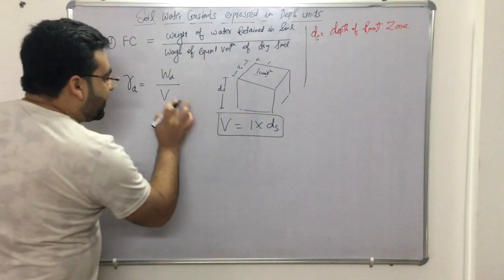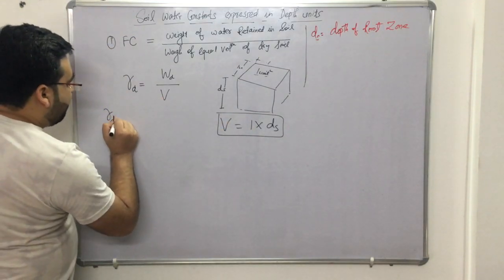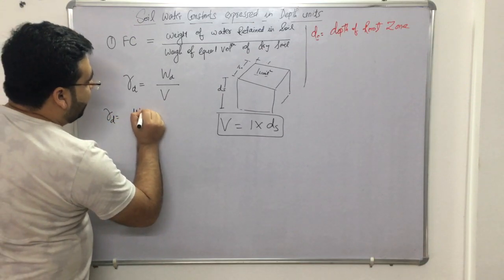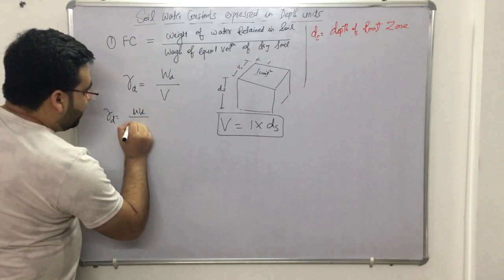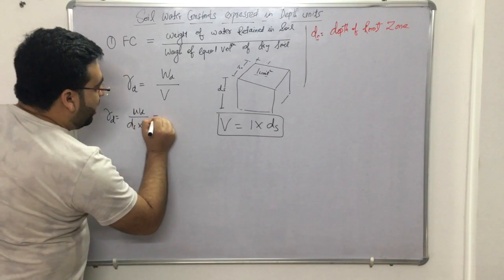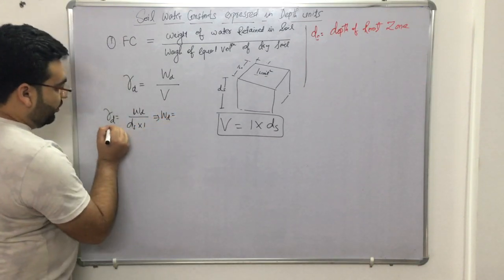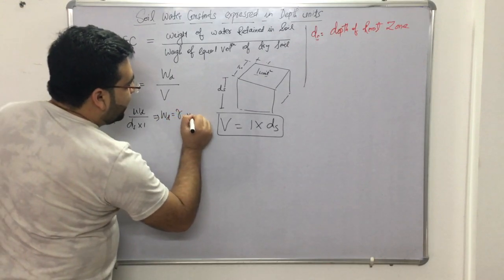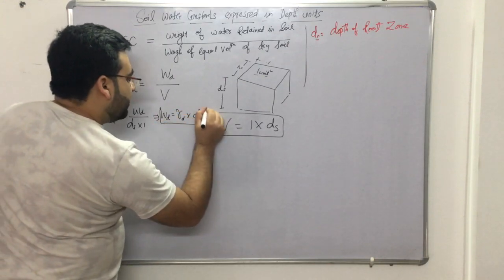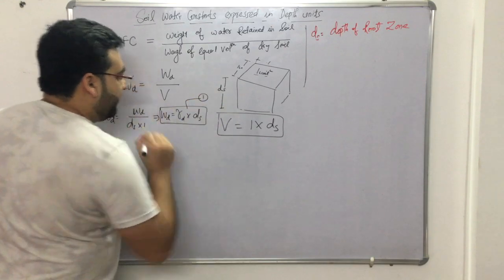So I get gamma D equal to weight of the dry soil divided by ds into 1, or weight of the dry soil equals gamma D into depth of the soil. This is equation number 1.